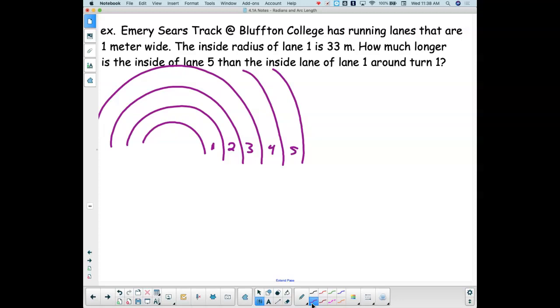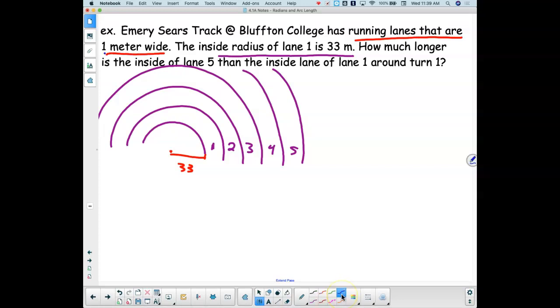So I'm thinking about the inside radius of lane 1 is 33 meters. Not drawn to scale. Running lanes are 1 meter wide.